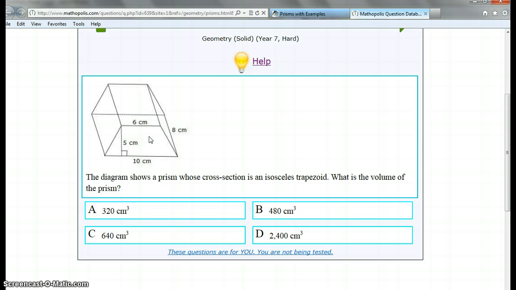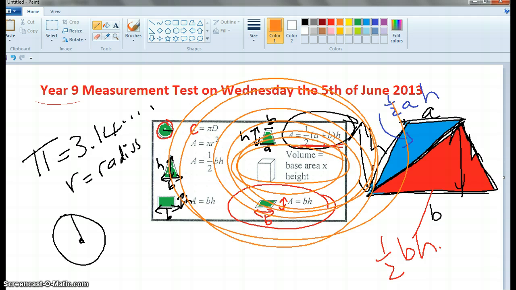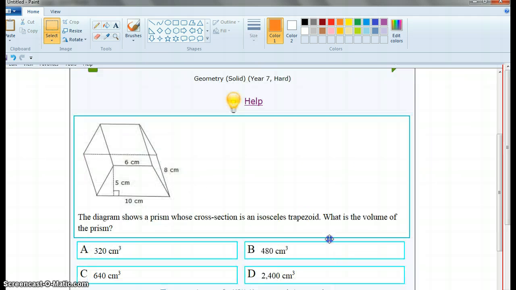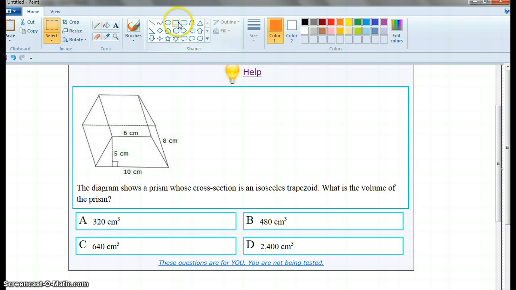Anyway, for volume, how do we get the area of one end? How do we get the area of that shape here?